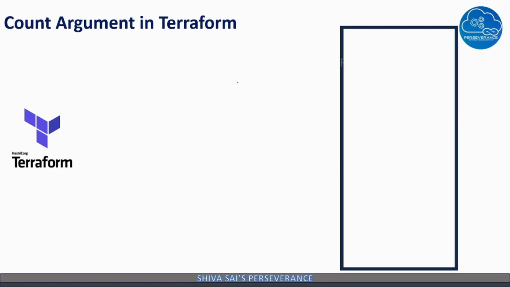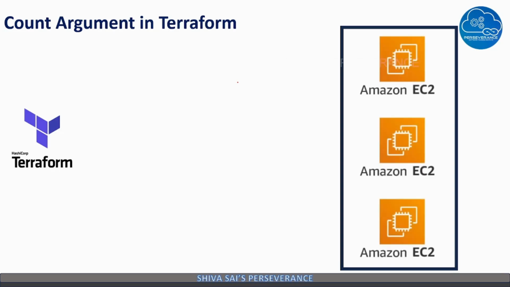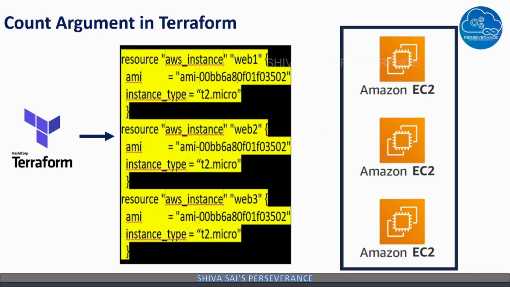On AWS Cloud, using Terraform, I want to deploy 3 EC2 instances. This will be the code for me to develop and deploy using Terraform. If you see here, the local identifier changed to web1, web2, web3 because I want to deploy 3 instances.